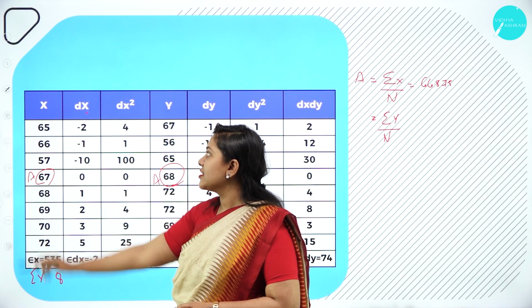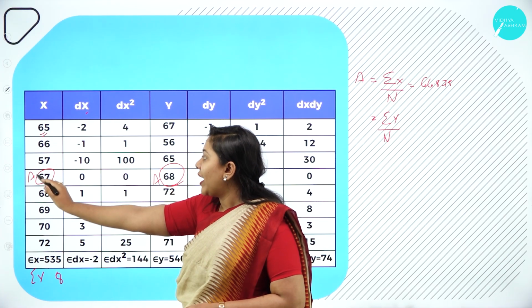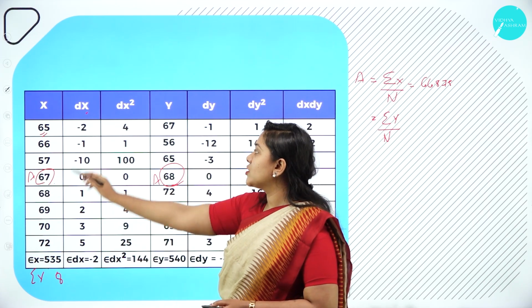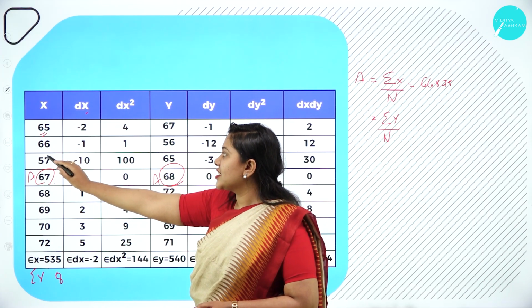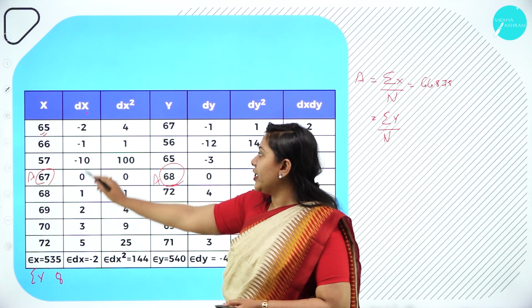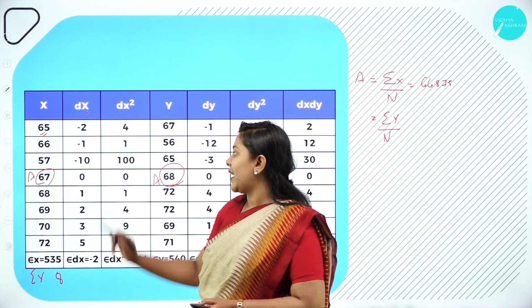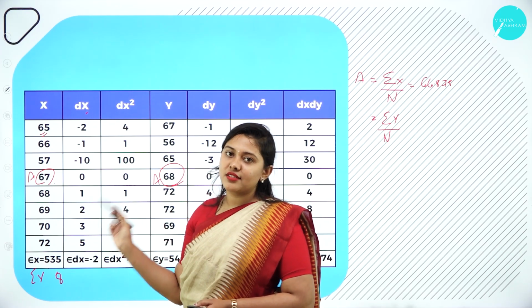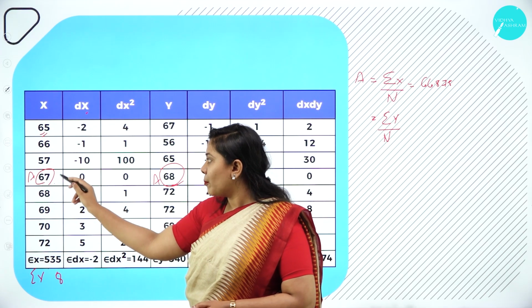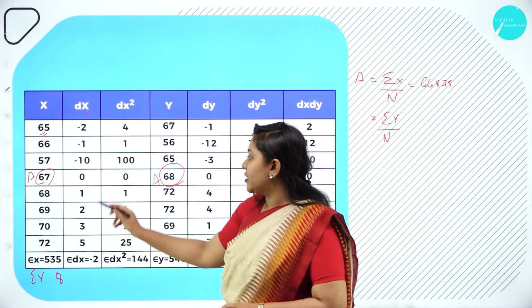So what is dx? 65 minus 67, it will be minus 2. 66 minus 67, minus 1. 57 minus 67, minus 10. 67 minus 67, 0. 68 minus 67, it is 1.